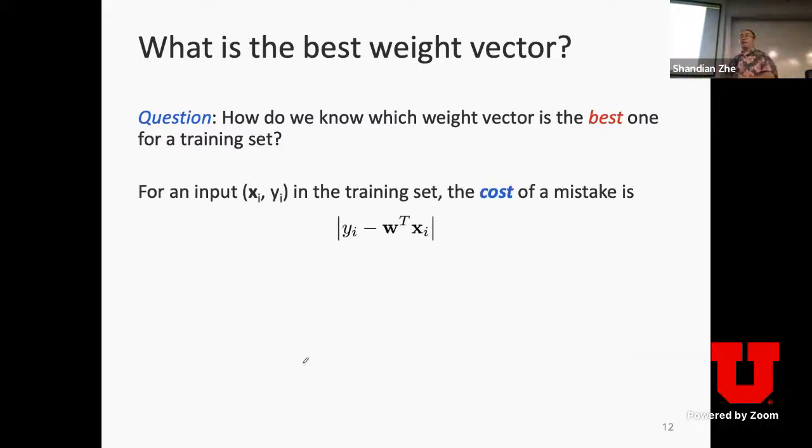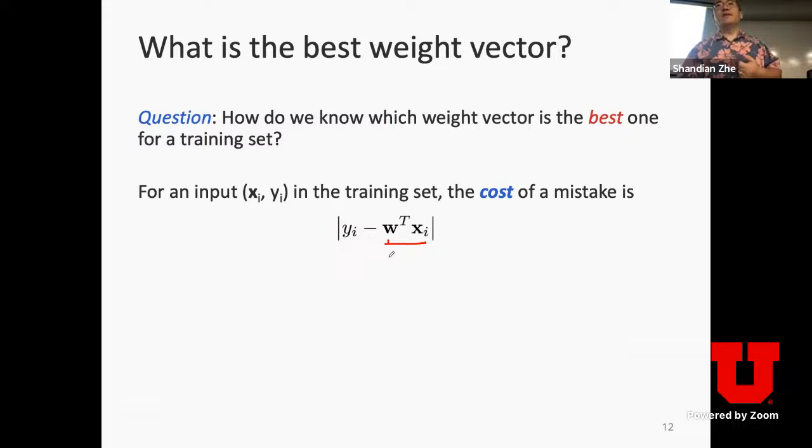So now let us follow this idea and propose some kind of measurement. Imagine you already have a linear regressor, sorry, not a linear classifier, and this is the weight vector. Given any input vector xi and output yi, I can use my linear regression model to make a prediction, which is W transpose xi. Everyone agrees with this. And then I can look at how much my prediction is deviating from the ground truth yi.